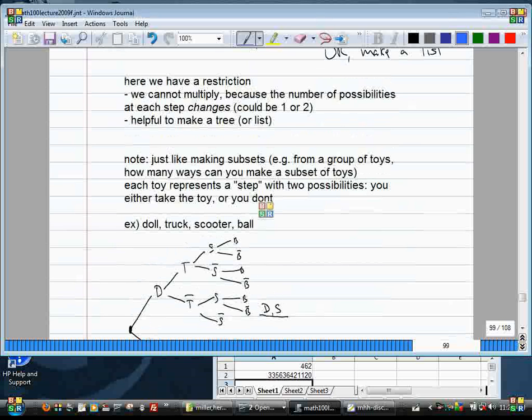So how can we interpret this so that it gives us all the subsets? Well, the top branch up here, what subset does that indicate? You've got D, T, S, B. So what's that subset? Exactly. It's the same thing you started with. Now what about the next one? What subset does that indicate?